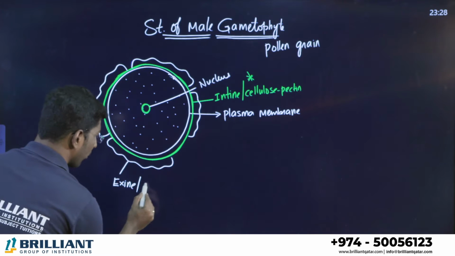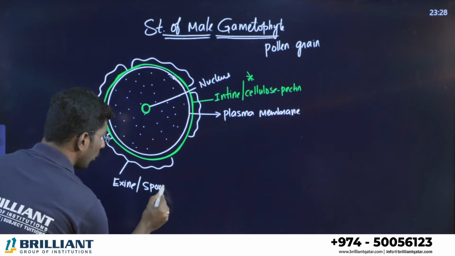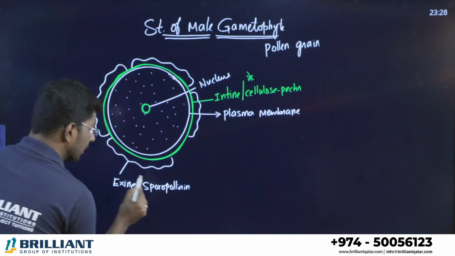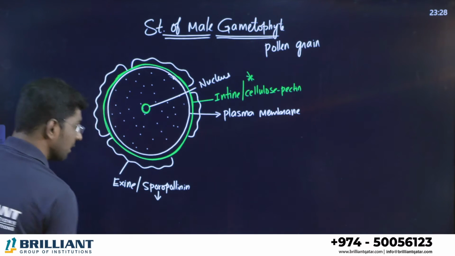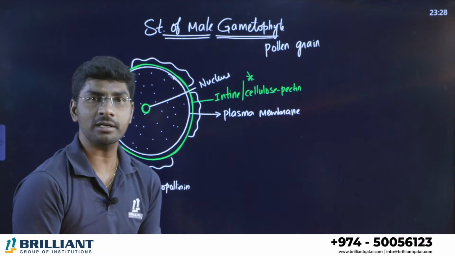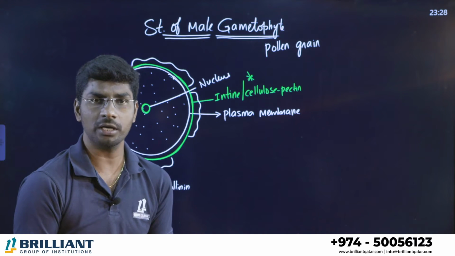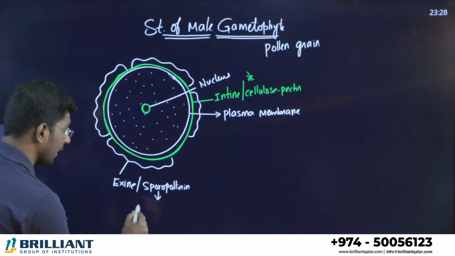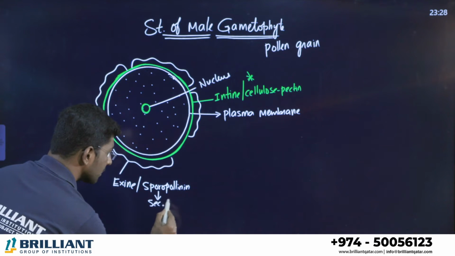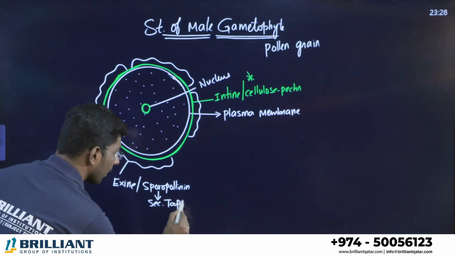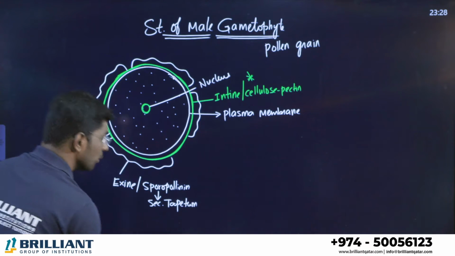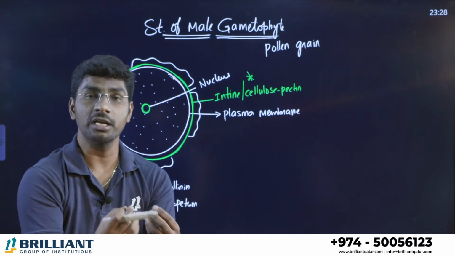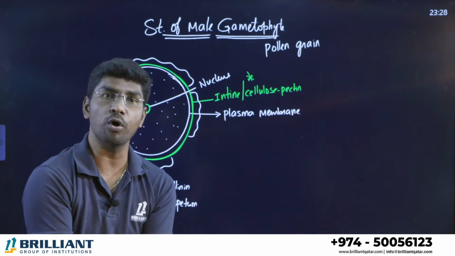Exine is made up of sporopollenin. Keep in your mind, this sporopollenin is resistant to chemicals, acids, and temperature. Am I clear? This resistant sporopollenin is secreted by the tapetum. So what is the function of sporopollenin? The sporopollenin gives protection. It is the outermost layer of the pollen grain.